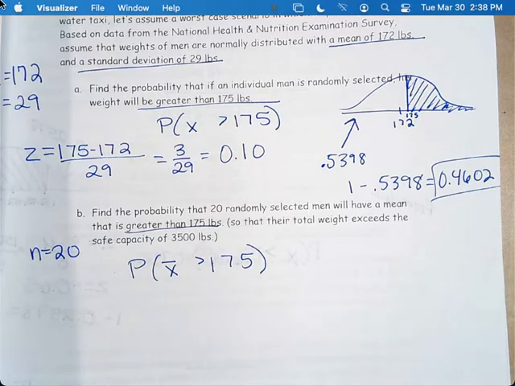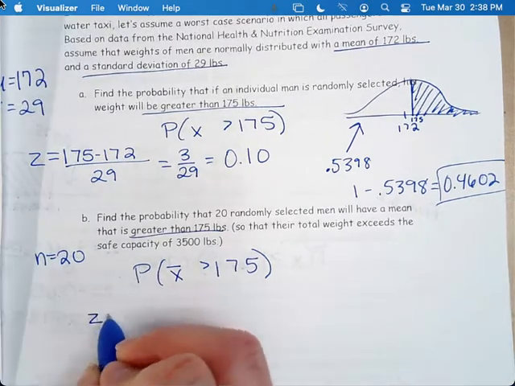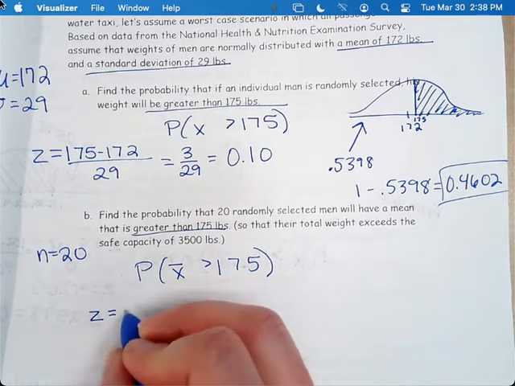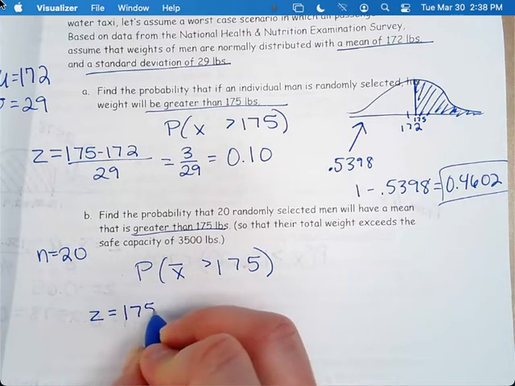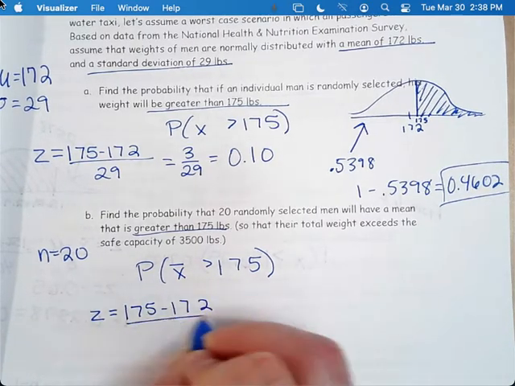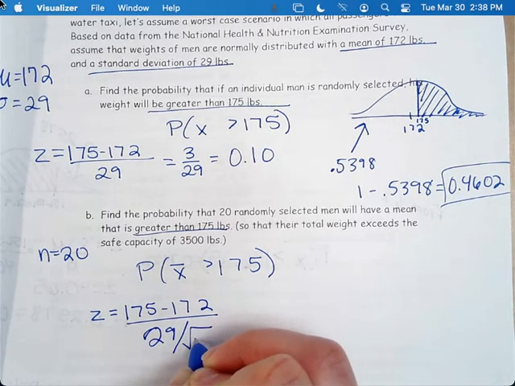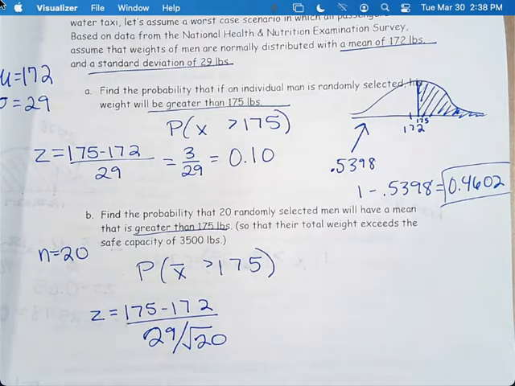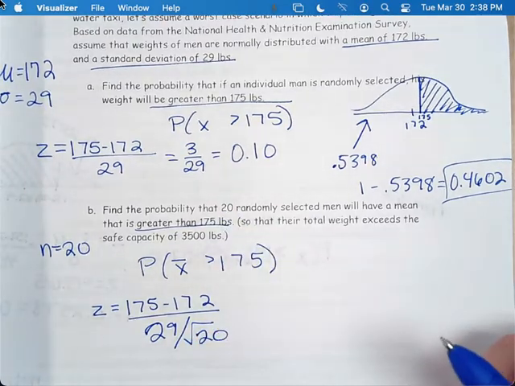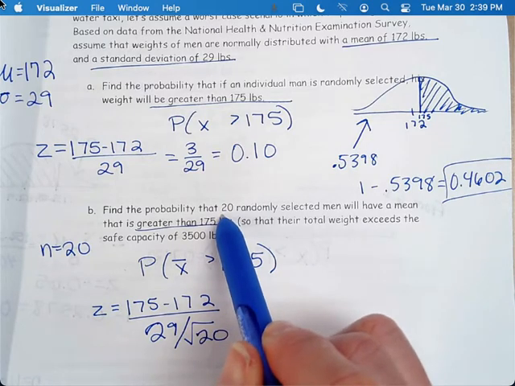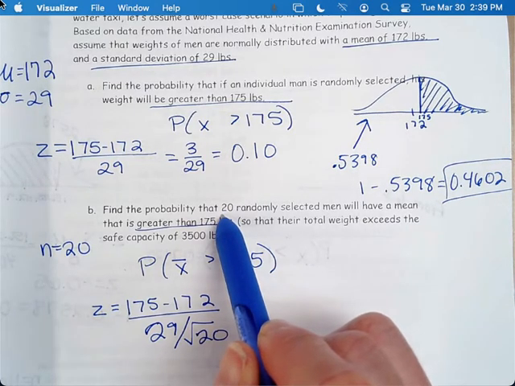Okay, so whenever we do our z here, we are going to do the sigma divided by square root of n. So we'll do the same thing, 175 minus 172 over 29 over square root of 20. And since this is already a normal distribution, having 20 in our sample size is okay.